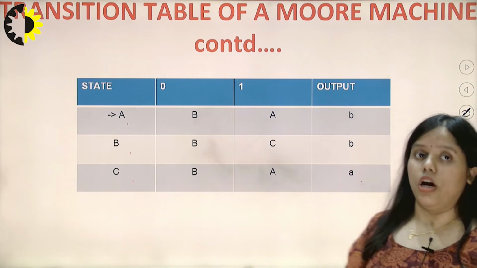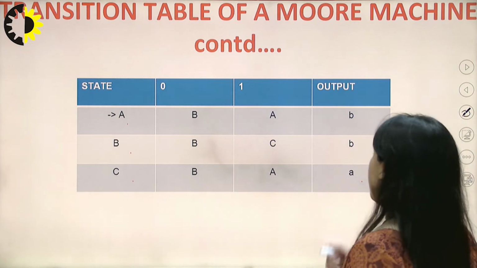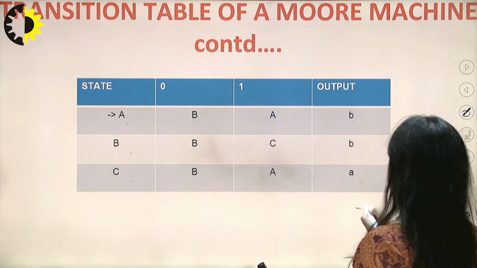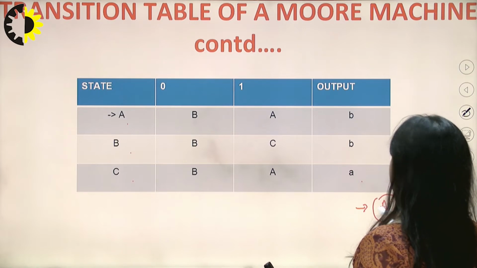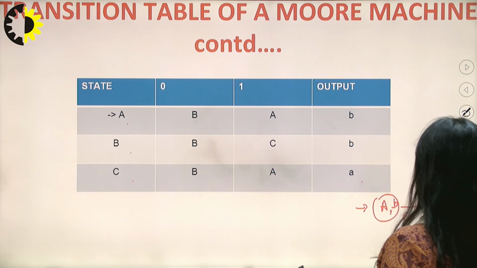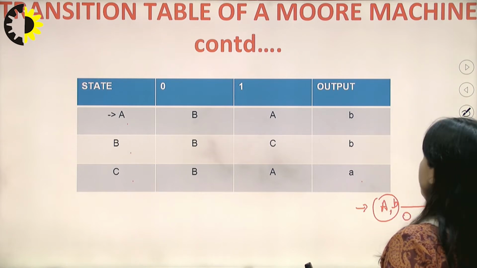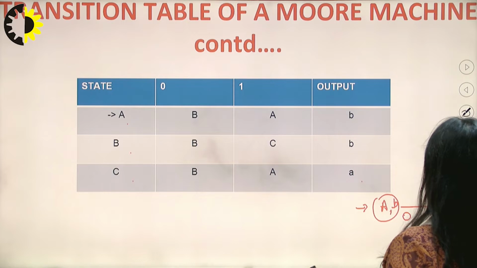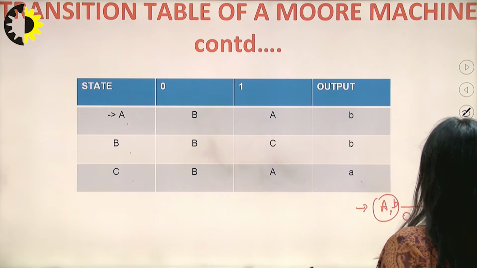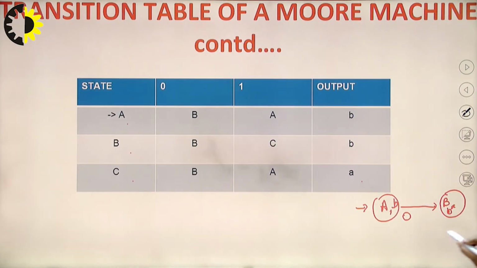So as per what we know, how do we create it? There is a small understanding that we'll take up, like what is a Mealy machine. If we talk about A, A has the output B. It is taking 0 as input and reaching B, and B's output is B. So what we have to do here is send the input and output in the same way.